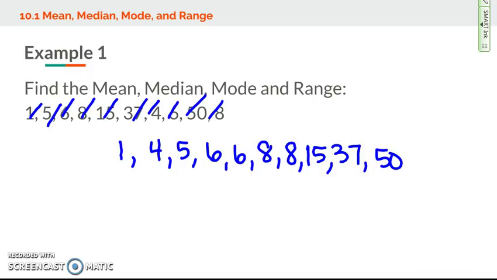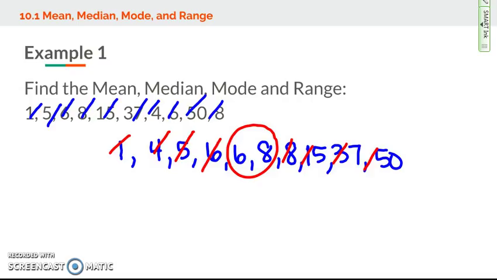Now we're going to start from the outsides and work our way towards the middle to find the middle number. So 1 and 50 can be crossed out. 4 and 37, 5 and 15, 6 and 8, which leaves us 2 numbers in the middle. So because I have 10 numbers, that's an even number, when you get to the middle, you're going to have 2 numbers in the middle there.